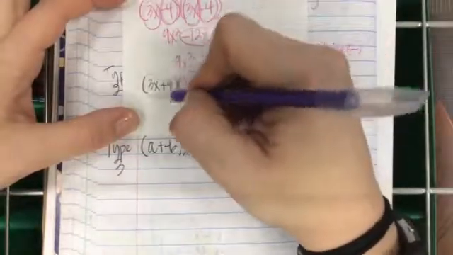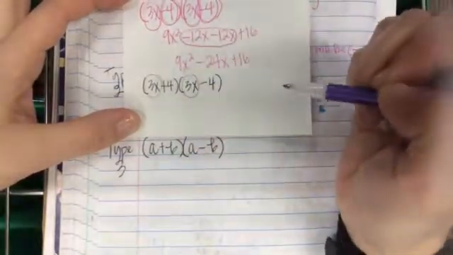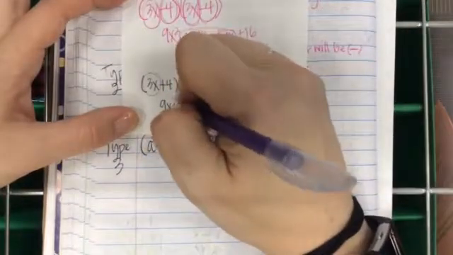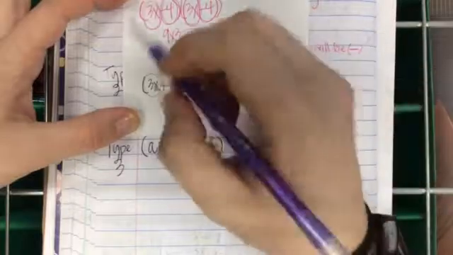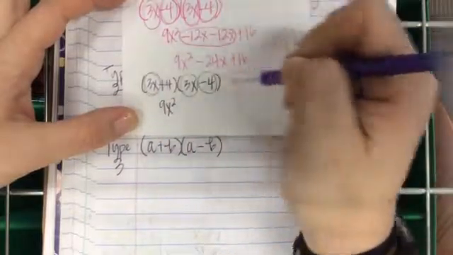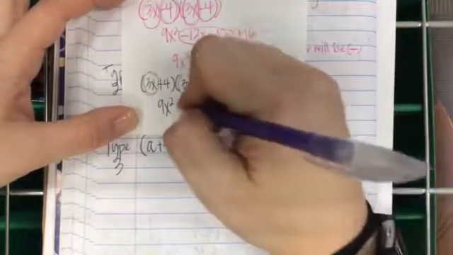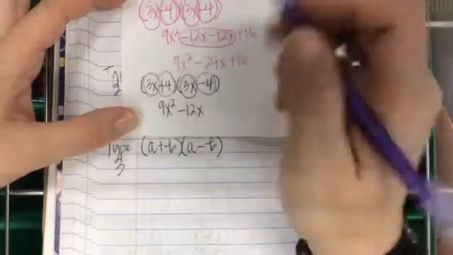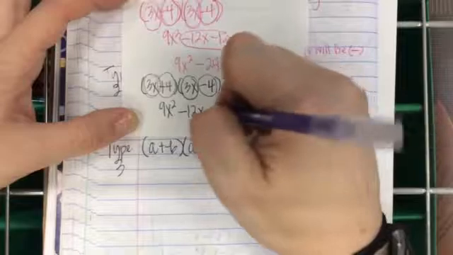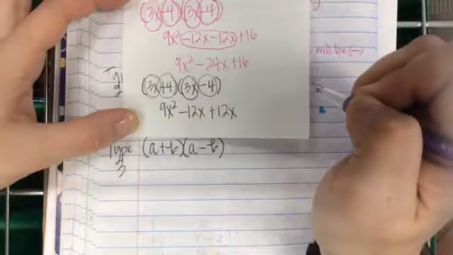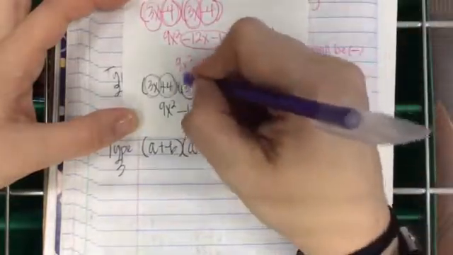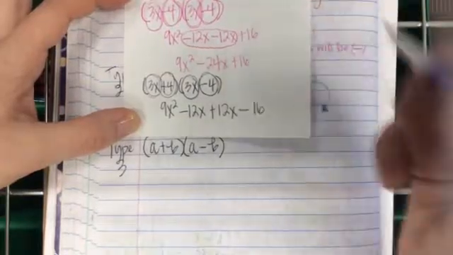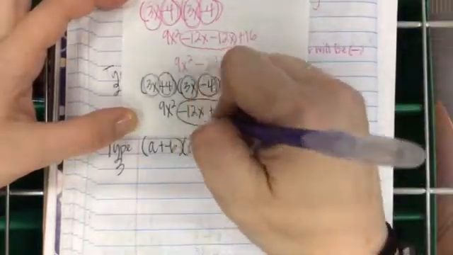So if we FOIL, 3x times 3x is, outside, 3x times negative 4 is, inside, 4 times 3x is, and last, 4 times negative 4 is, then I combine.